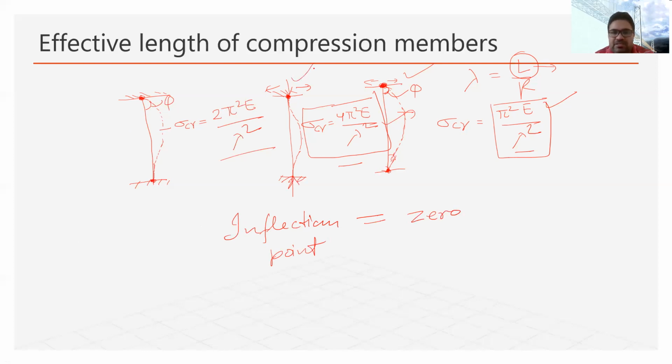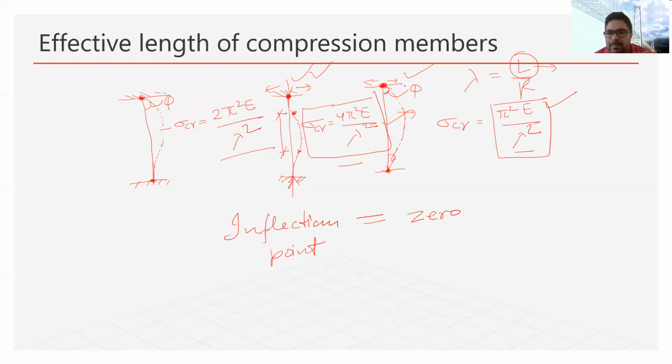In the case of fixed ends, the moment is not zero at the ends. Moment will be zero somewhere here. So corresponding to that, this length will be the effective length if the column is fixed.